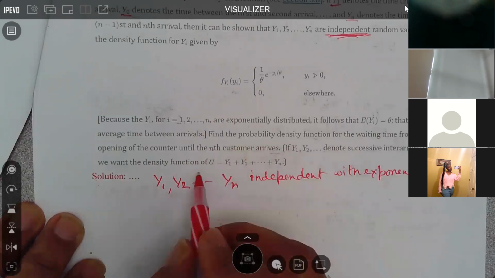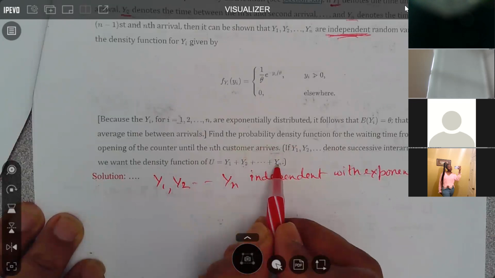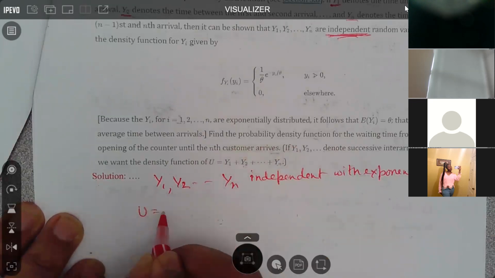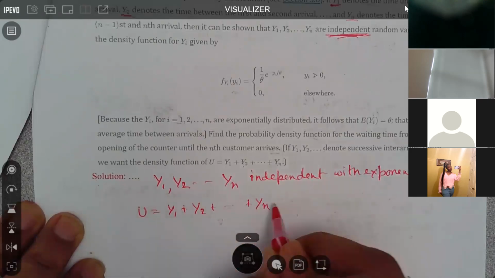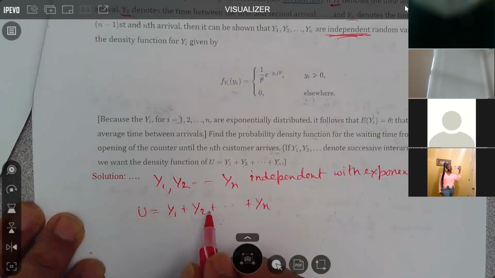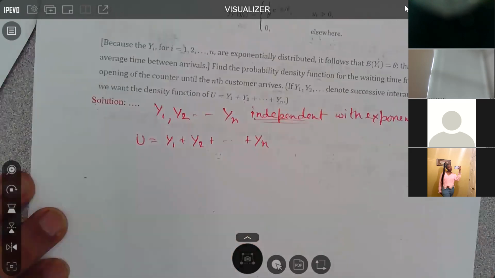It means the waiting time of the first customer, second customer, up to the nth customer. So u equals y1 plus y2 plus up to yn. This is a function of the random variables y, and they are independent.